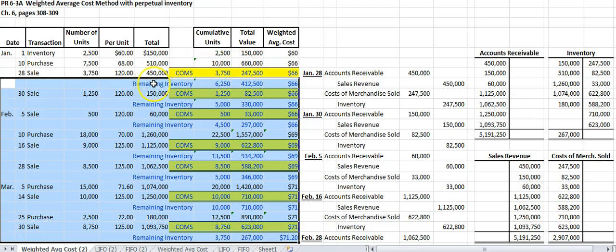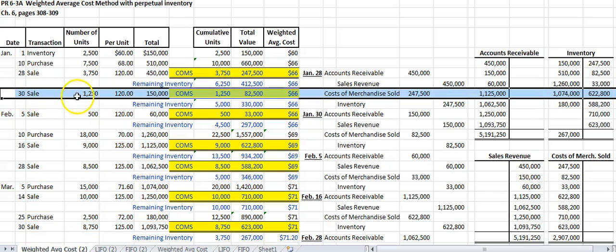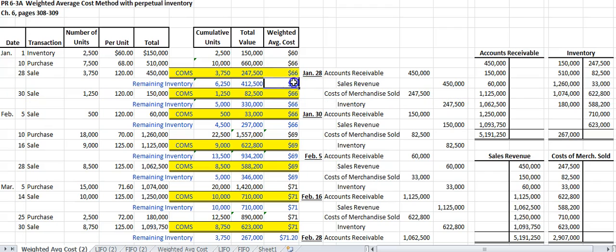So remaining inventory was 6,250. We had another sale of 1,250. So what's the cost that I'm going to apply? Well, the cost that I'm going to apply is the 66 that we already calculated, right? So there's no need to calculate another weighted average here because there were no additional purchases, no additions to the layers of inventory.